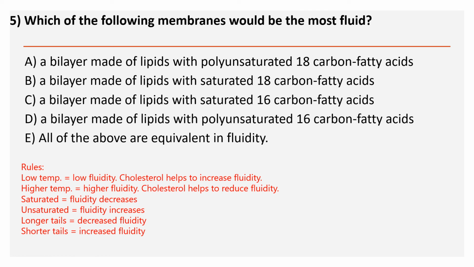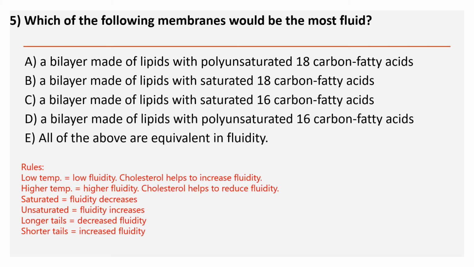I had to pause and I don't remember where I was, so I'll start with unsaturated. If you have an unsaturated fatty acid, that means you have double bonds and your fluidity increases. If you have longer tails, you have less fluidity, and shorter tails is increased fluidity.